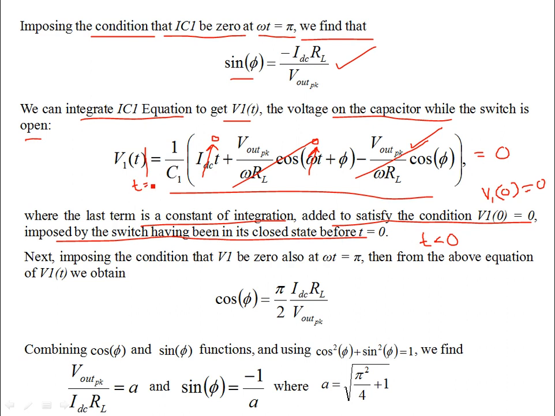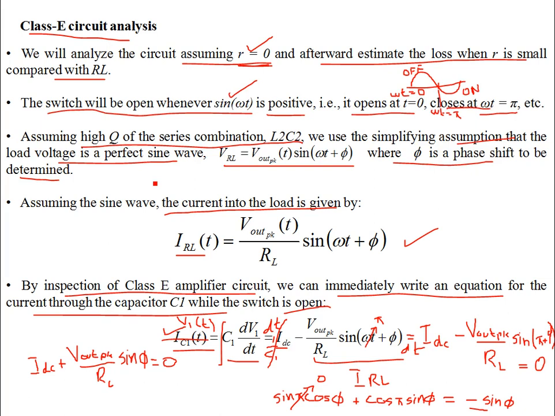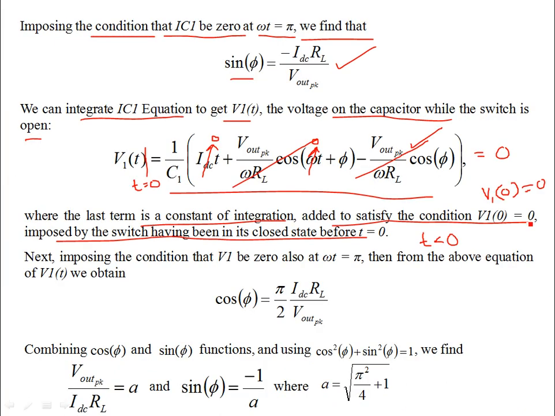At t equal to 0 the switch closes, having been in its closed state before, so V1(t) is 0. Next, imposing the condition that V1 be 0 at omega t equal to pi.